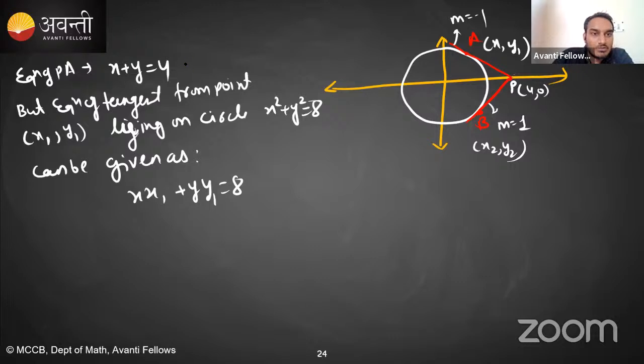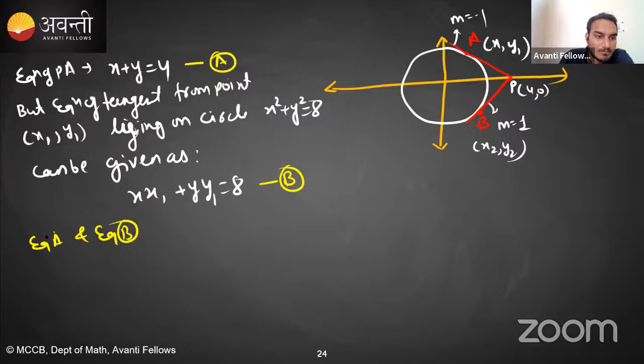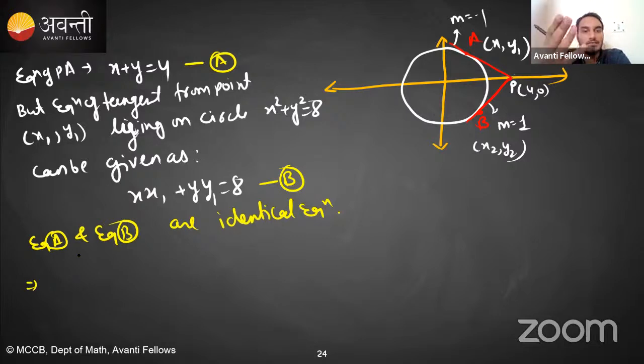So let's say this is equation A and this is equation B. Equations A and B correspond to the same tangent. Yes or no? So equation A and equation B are identical equations, right? So it implies the ratio of the coefficient of x is equal to the ratio of the coefficient of y is equal to the ratio of constants.